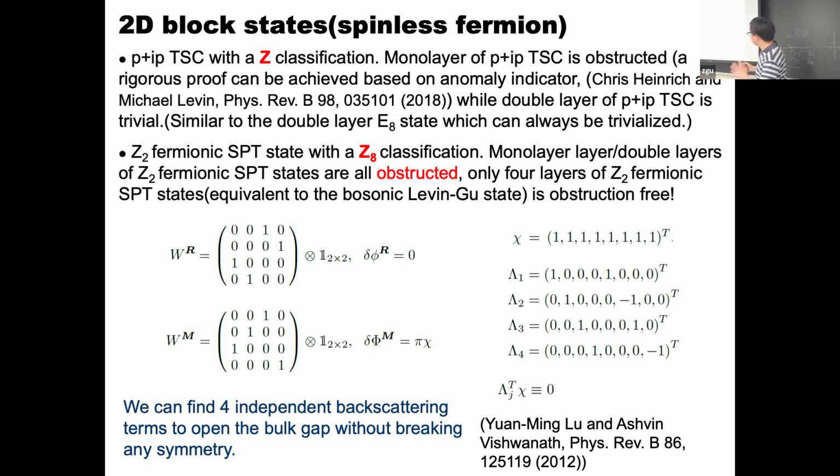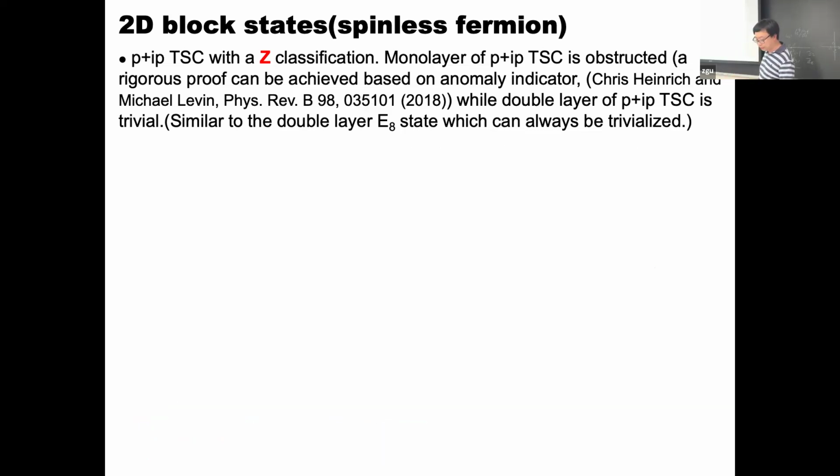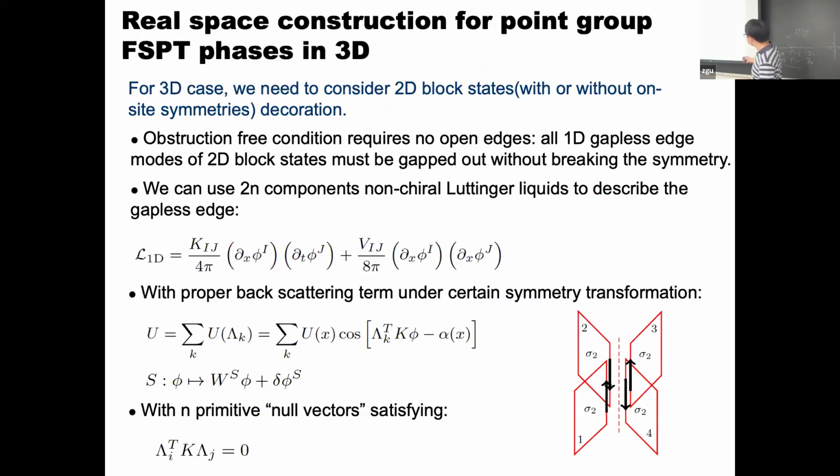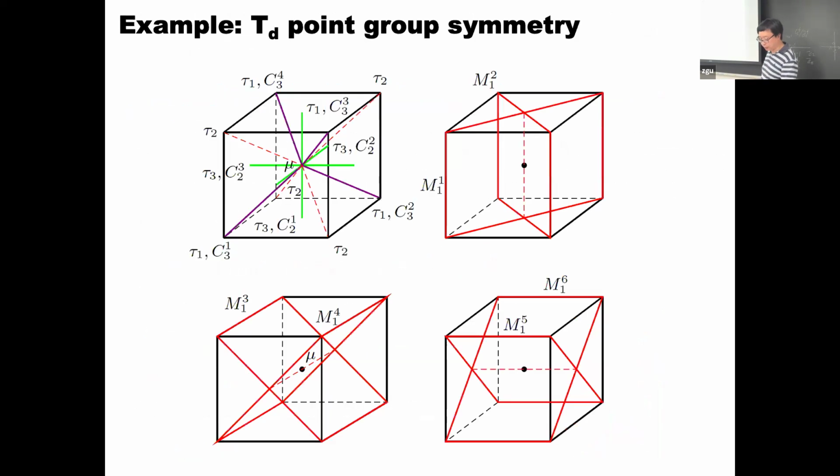So the W matrix just tells you how the different modes exchange under the symmetry action. So WR is like a rotation, WM is like a mirror reflection. If you look at this figure, under this mirror reflection, 1 and 3 are exchanged, right? And on the rotation, again, this is a cyclic operation.